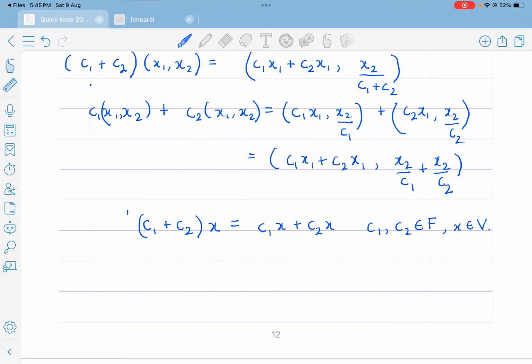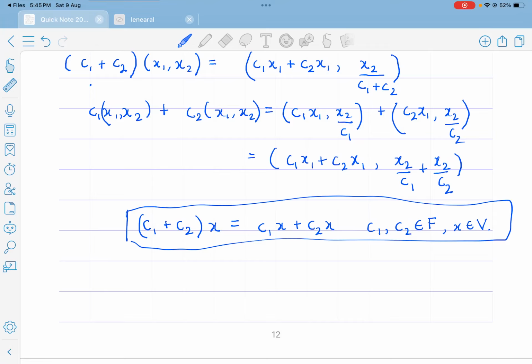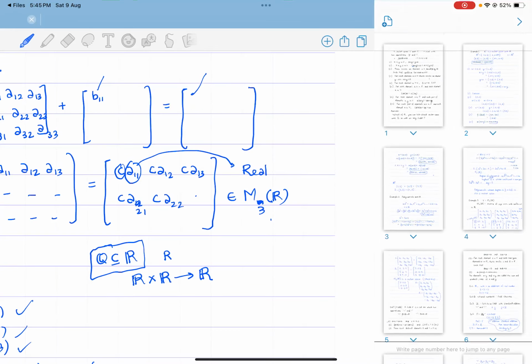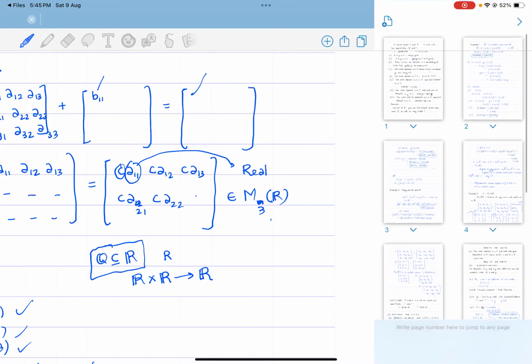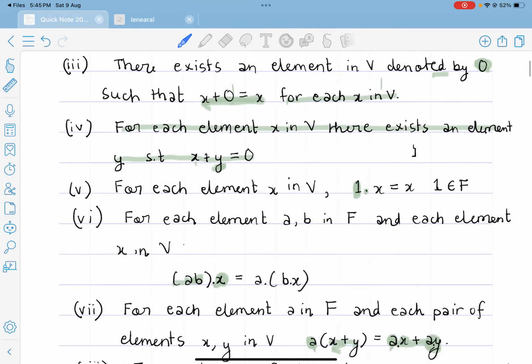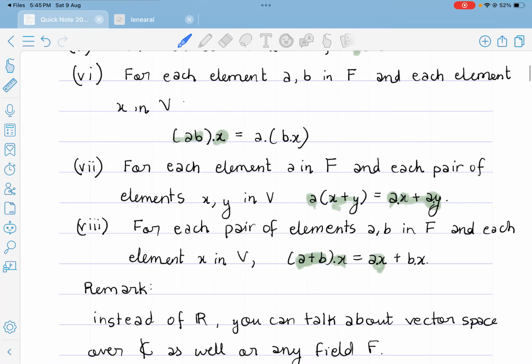Can you remember which axiom this one was? Let's go to the starting of this and we can see. Okay, this one.